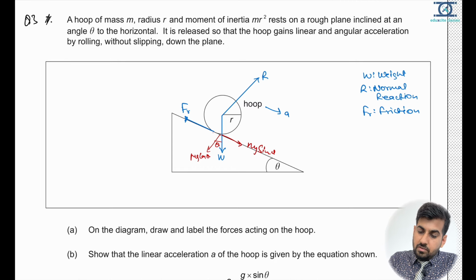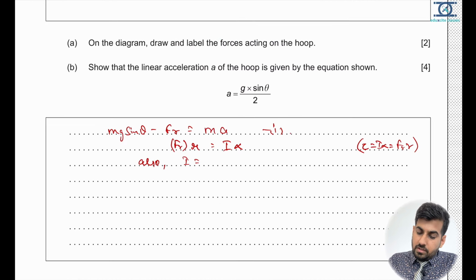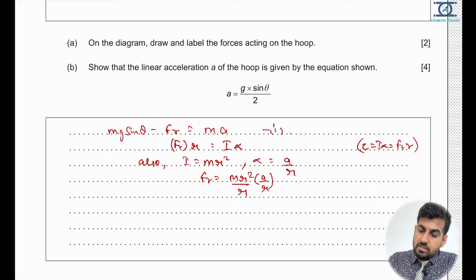It is given in the question. The moment of inertia is mr square, and alpha can be written as a by r. So friction can be written as mr square times a by r, divided by r. So you can see this and this get cancelled. So friction is nothing but ma only. So friction is equal to ma.